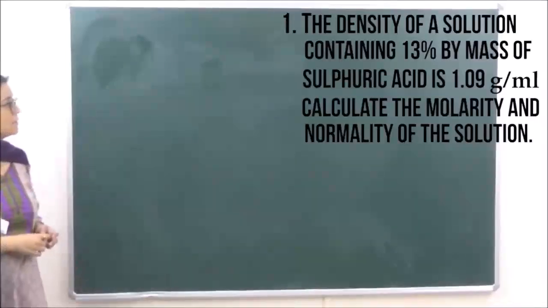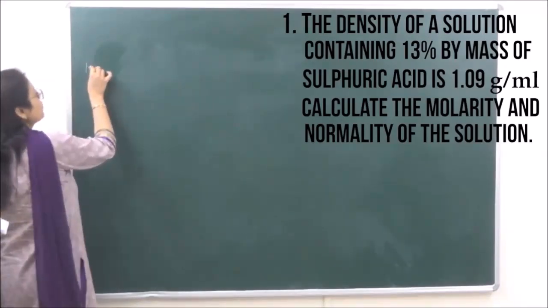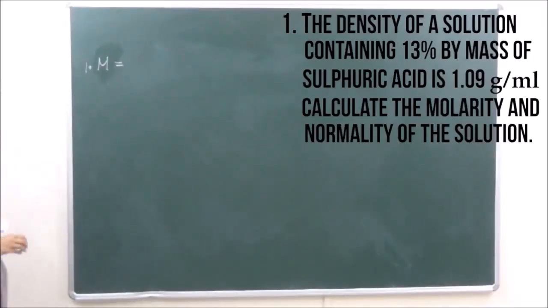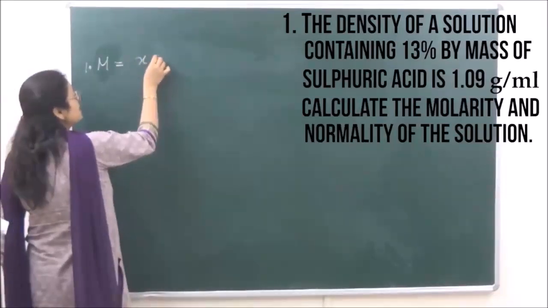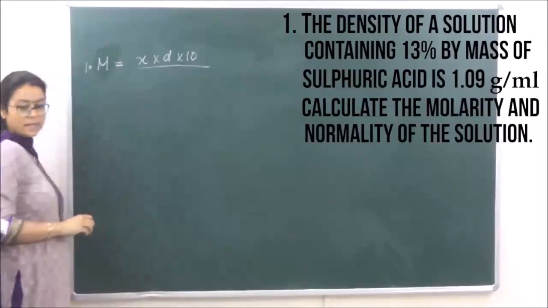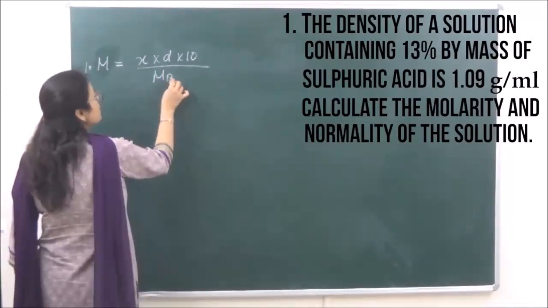The first question is, the density of a solution containing 13% by mass of sulfuric acid is 1.09 grams per ml. Calculate the molarity and normality of the solution. Okay? So the formula which we are going to use over here for molarity is percentage of solution x into density into 10 divided by molar mass of the solute Mb.